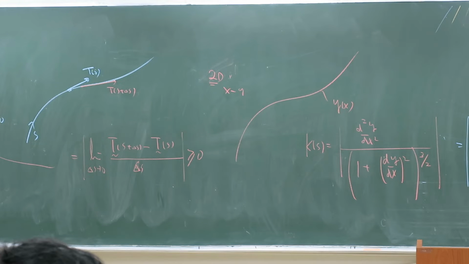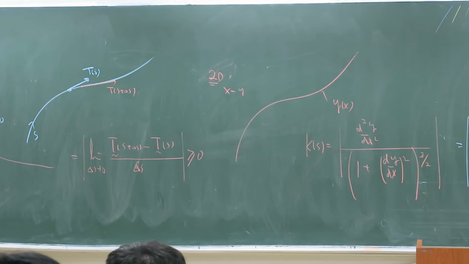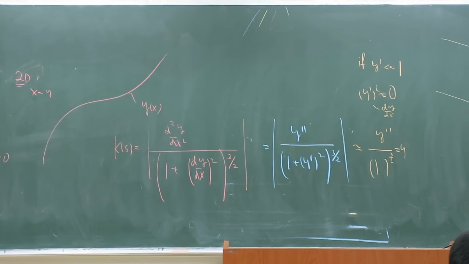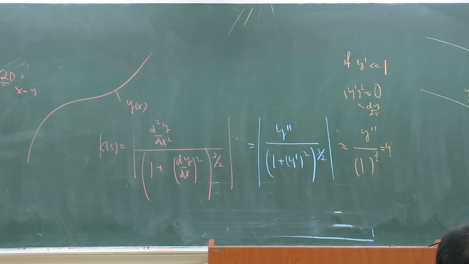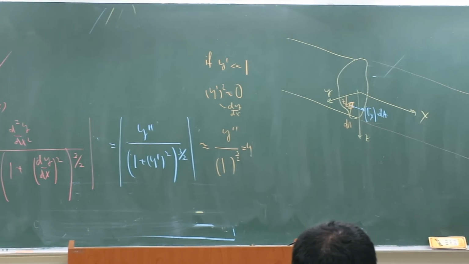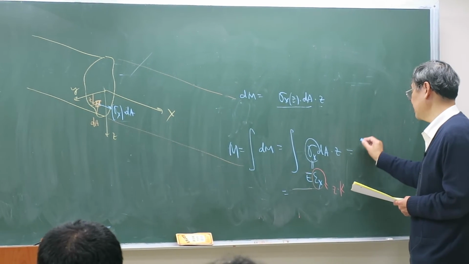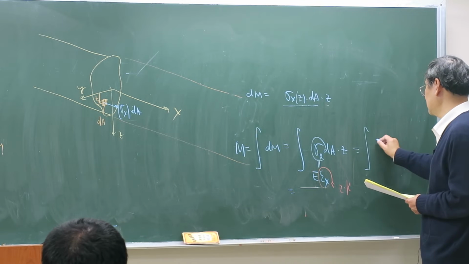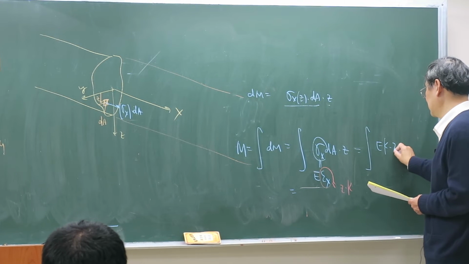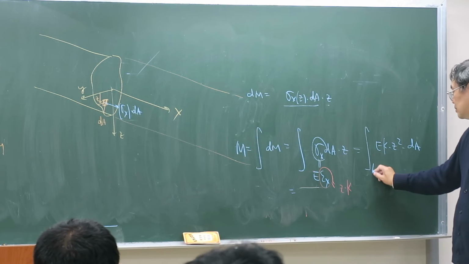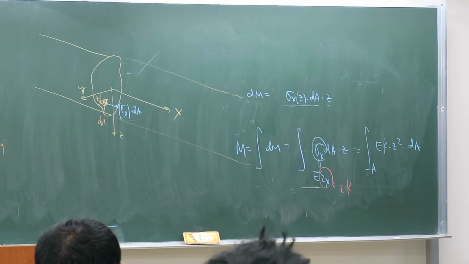Sigma x equals Young's modulus times epsilon x, and this also equals E times z times curvature. So this integration becomes the integration of E k z squared dA over the cross section.